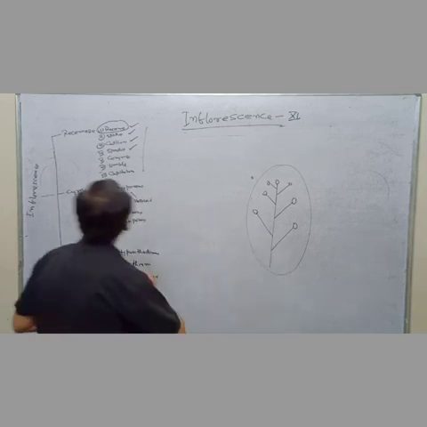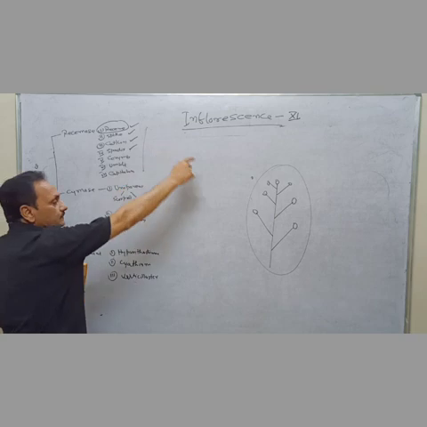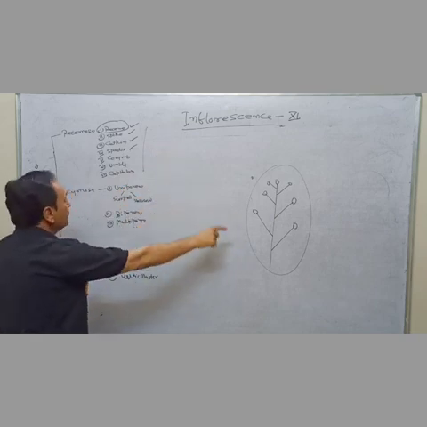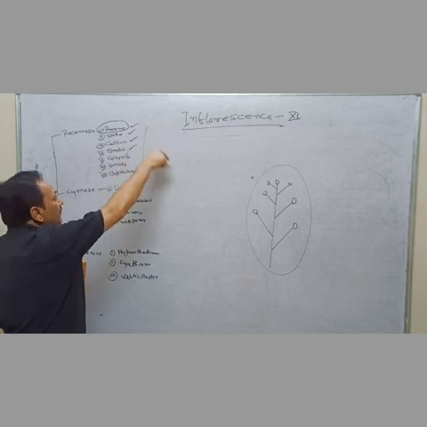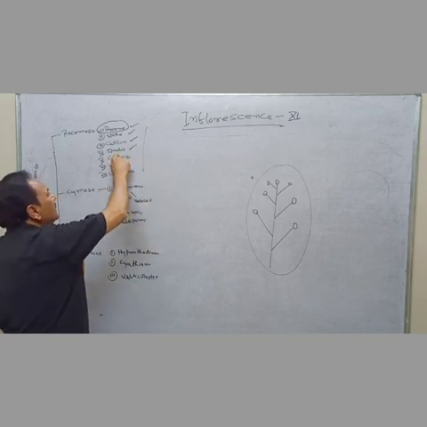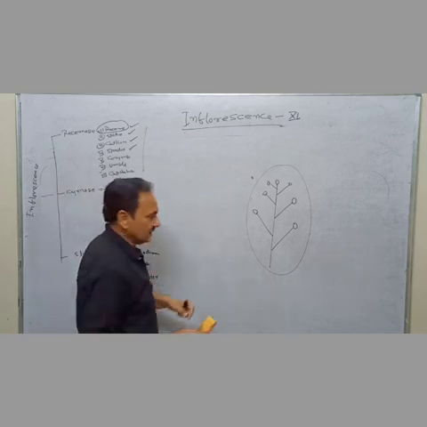In a spike, the flowers are sessile but in acropetal manner. The catkin is pendulous, and the spadix also has acropetal condition.